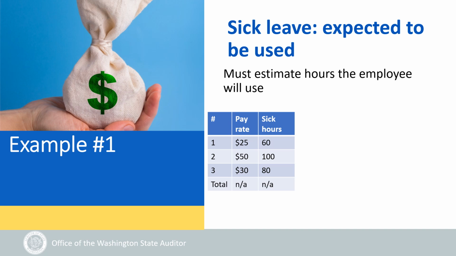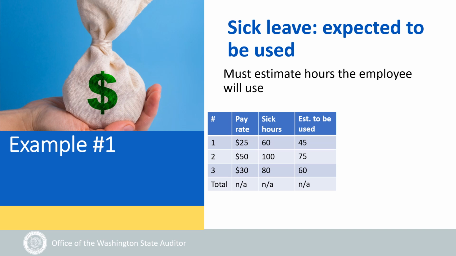Here's what that calculation would look like. We have the pay rate and total sick leave hours from the original table. Now we added a column for how much leave is estimated to be used. In this example, I estimated that the employees will use 75% of their balance based on past trends.